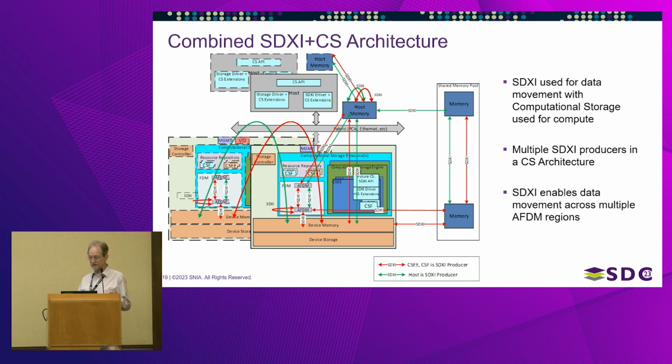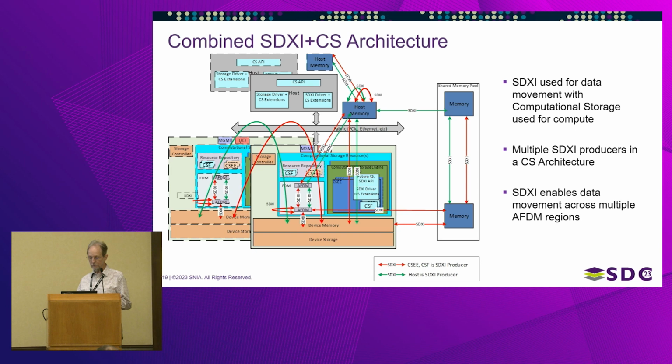So multiple SDXI producers in a CS architecture. As I already mentioned, you could have the producer being up in the host. You could also have the producer being on any one of a variety of computational storage devices. So it allows you to spread out the workload of that memory-to-memory data transfer DMAing.